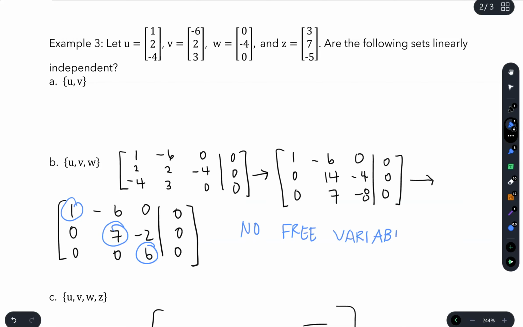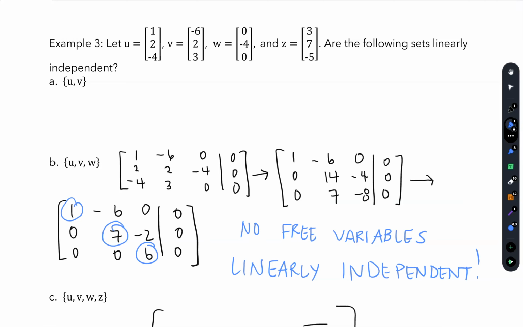So since there are no free variables, it's linearly independent. Okay. Good deal? And then this one was linearly independent as well. I didn't write it because my thing wouldn't work.